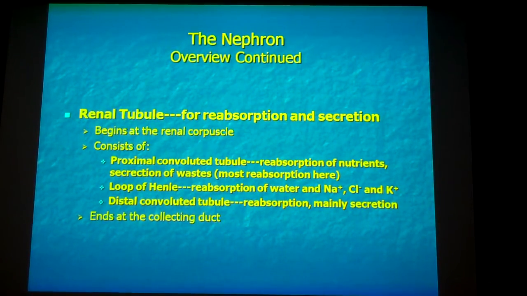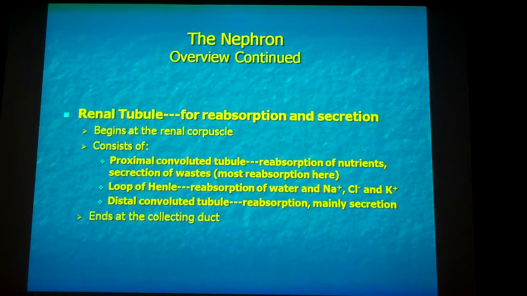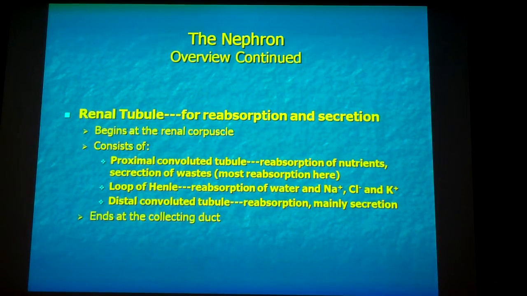Now, let's look at the tubular system. What are the tubules for? For reabsorption of things the body needs to keep. Nutrients, water, things like that. Things that the body doesn't need will go on without being reabsorbed, or are only minimally reabsorbed.